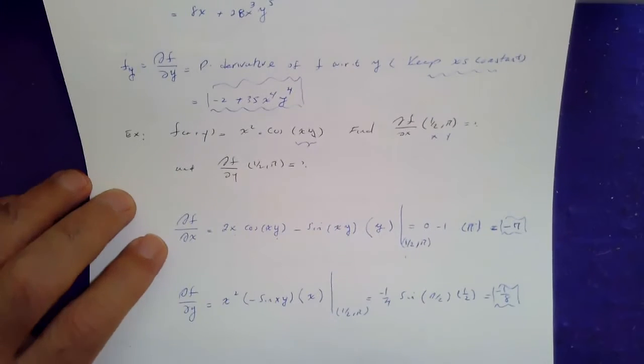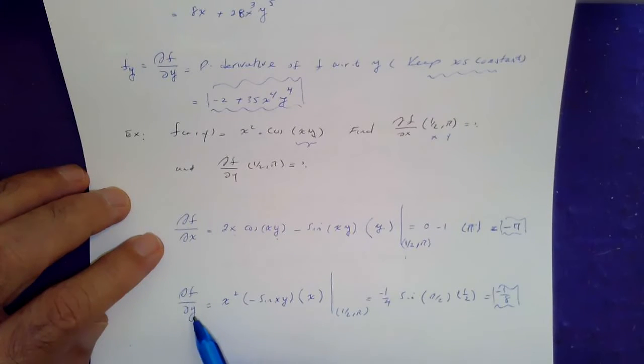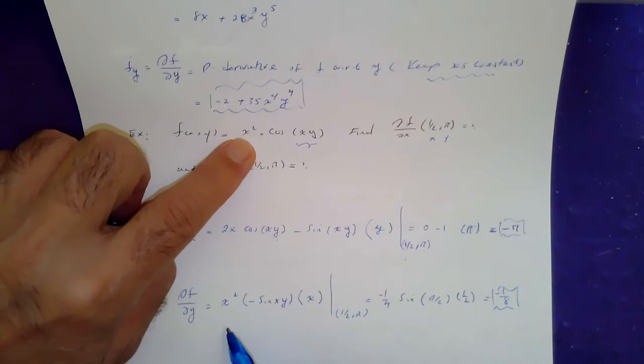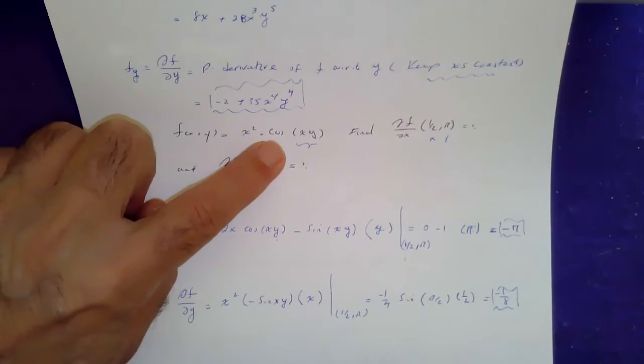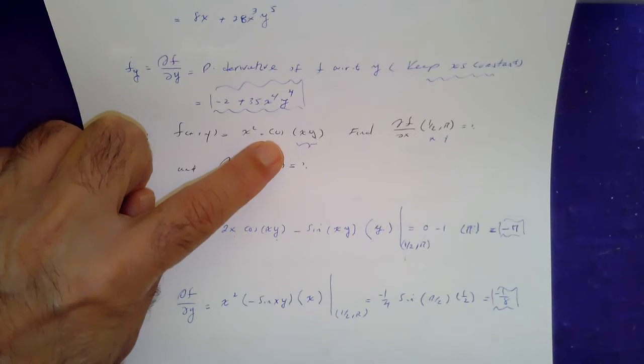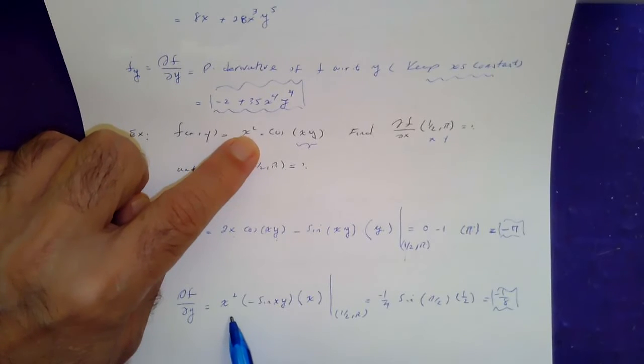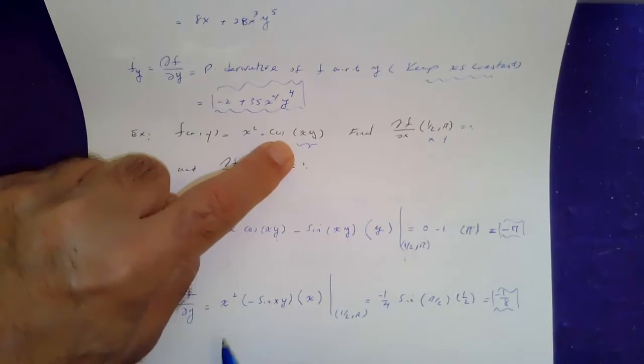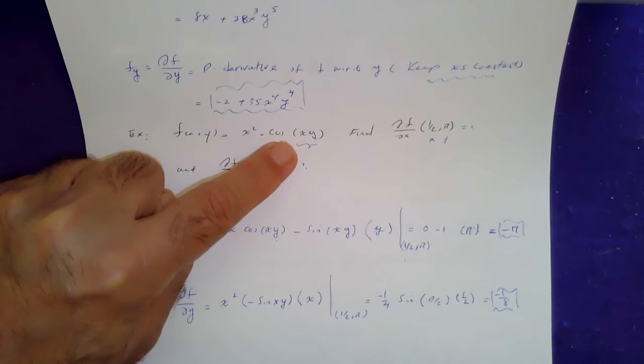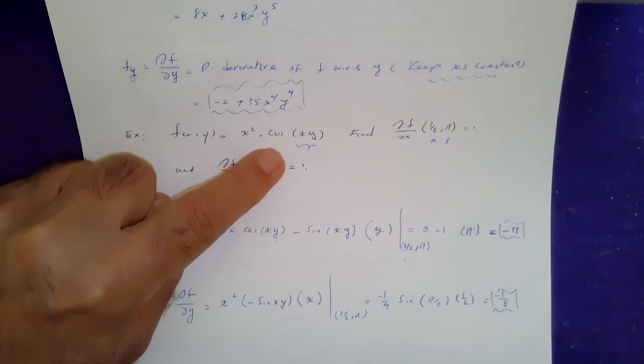On the other hand, for the partial derivative of f with respect to y, we're going to keep x constant. Because x squared has been multiplied by cosine of x y, it goes along. It acts like a coefficient. All you have to do is take the partial derivative of cosine of x y with respect to y.